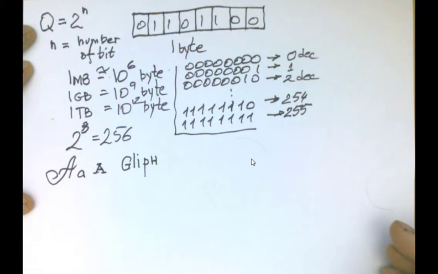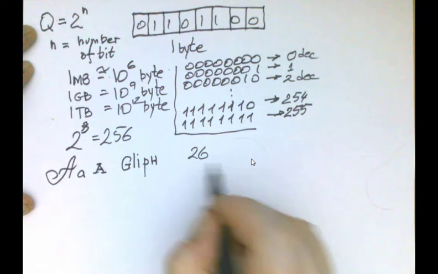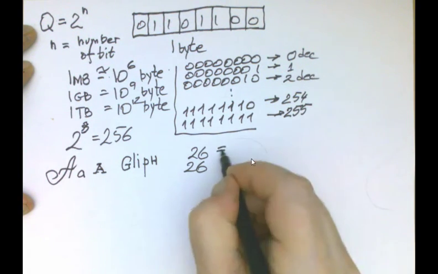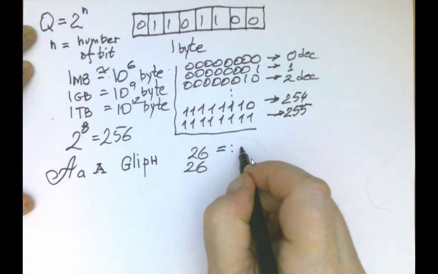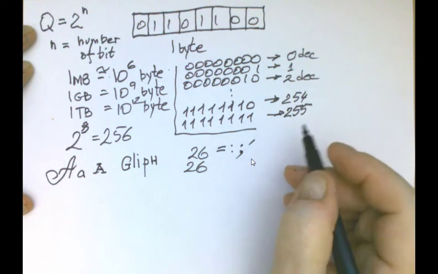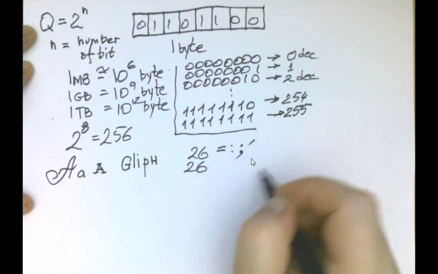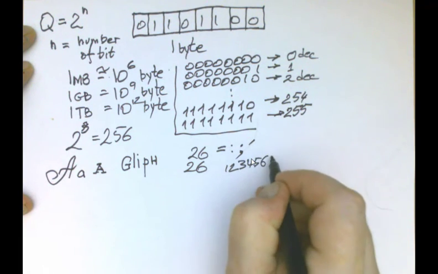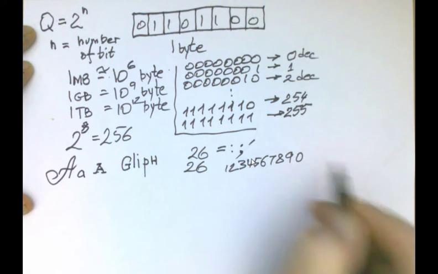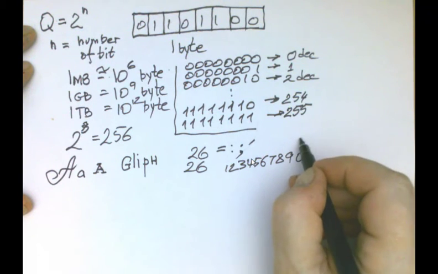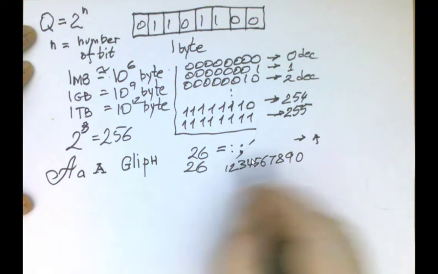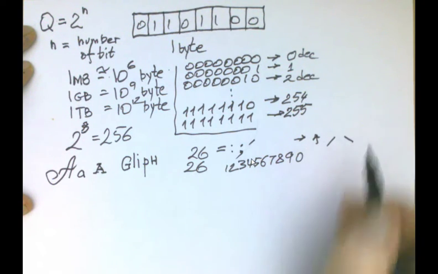I have 26 small letters, 26 big letters. I have symbols like this, we call it punctuation. I have numbers 1, 2, 3, 4, 5, 6, 7, 8, 9, 0. I have arrows, slash, and backslash.